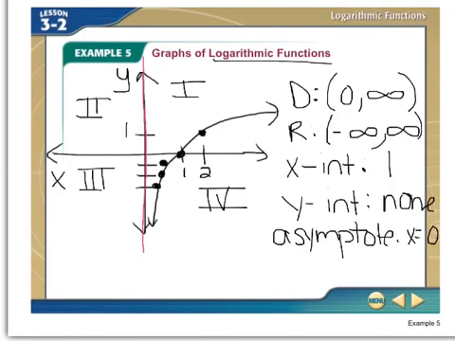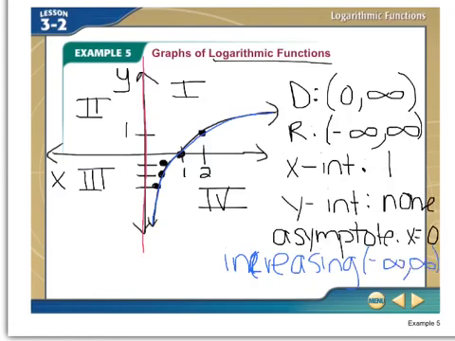As I move from left to right, you can see that our y values are increasing. So we'll say that our function is increasing from -infinity to infinity.